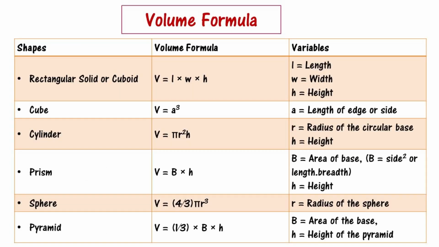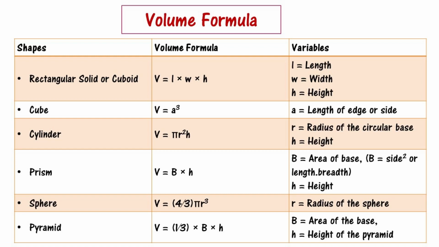Now comes some of the formulas related to volume, like rectangular solid or cuboid. The formula of volume of rectangular solid or cuboid is length × width × height. Now what is the volume of cube? That is volume = a³, where a here stands for length of edge or side.